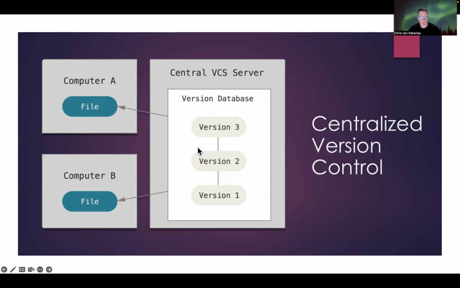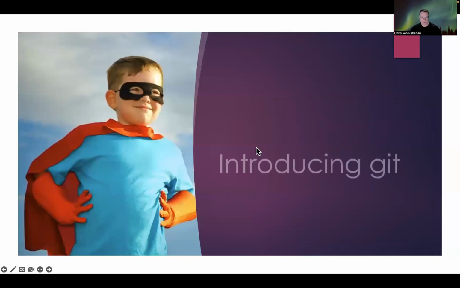So that's centralized version control. Well, that's all fine and good, except what if the server goes offline or gets corrupted, or there are various other reasons why this doesn't work, which led to Git.